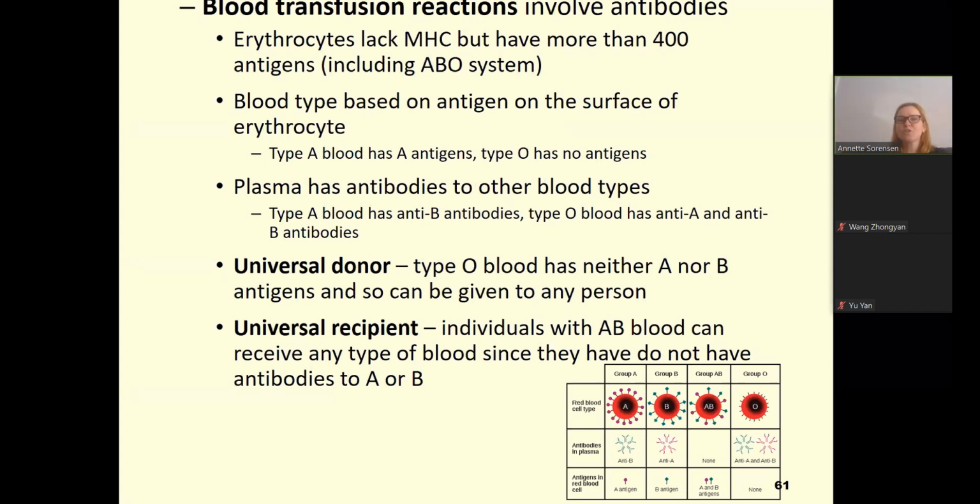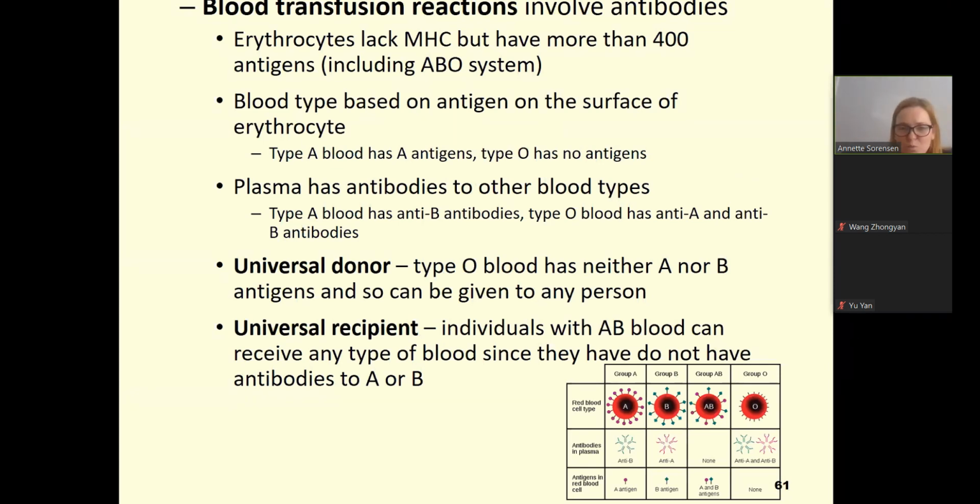If you have blood type A, your red blood cells will express antigen A. But you also have antibodies against the other antigens. So you're expressing antigen A on your red blood cells, but you have antibodies against antigen B.